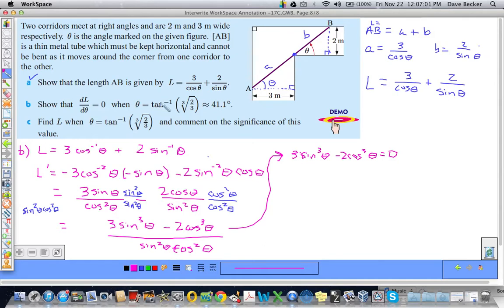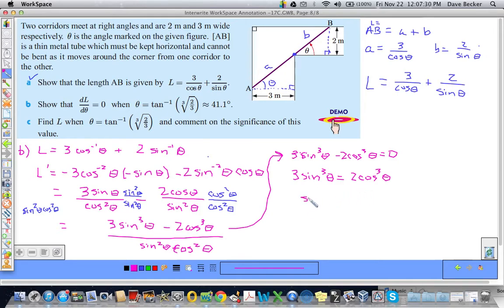Remember, I'm looking for tangent, so that tells me I need to get a sine divided by a cosine situation going here. So I'm going to move the 2 cosine cubed theta over to the right side. I'm going to divide everything by cosine cubed theta, and then everything by 3, because I want to get sine over cosine for tangent.